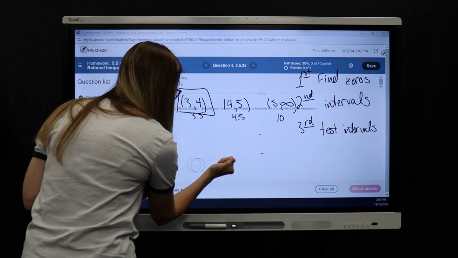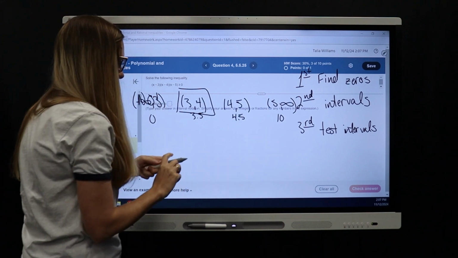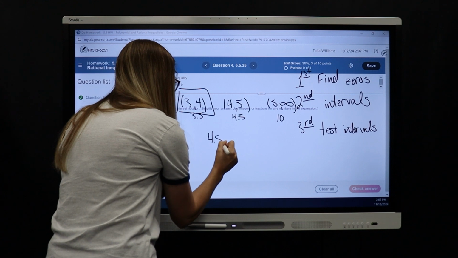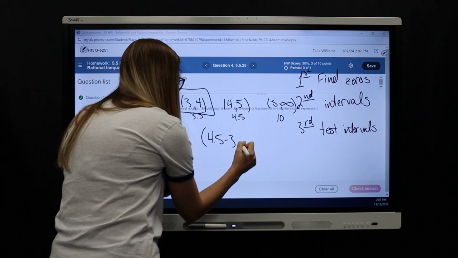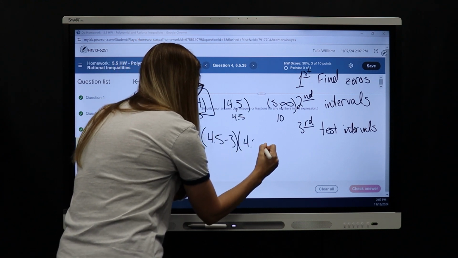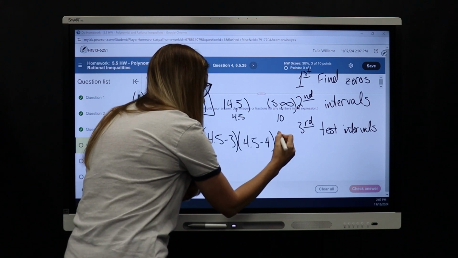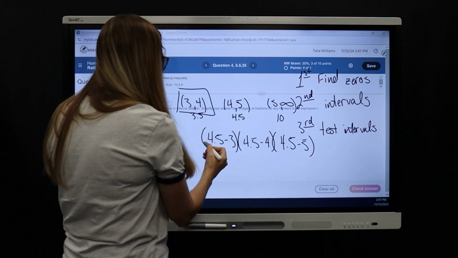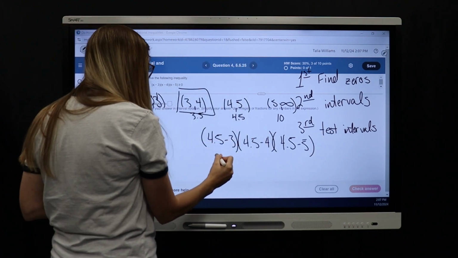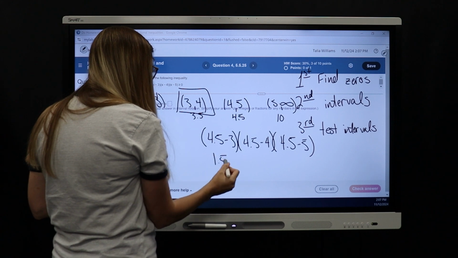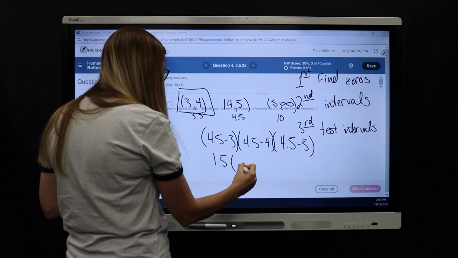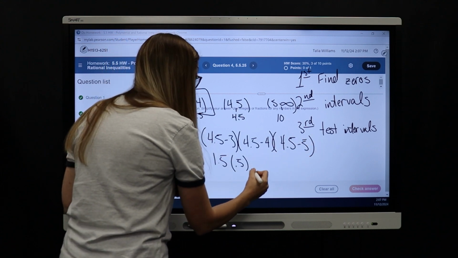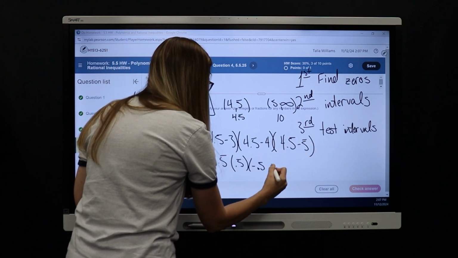I'm going to erase this so I still have room to work. Okay, 4.5. So we're going to do 4.5 minus 3, 4.5 minus 4, and 4.5 minus 5. 4.5 subtract 3 is going to be positive 1.5. 4.5 subtract 4 is positive 0.5. 4.5 subtract 5 is going to be negative 0.5.